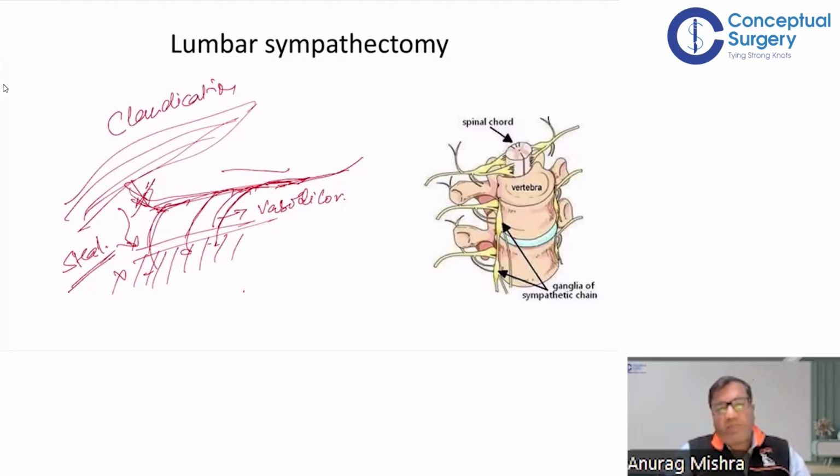So sympathectomy is done only when you have to improve the vascularity of skin, when it is done in impending gangrenes, ulcers, or a wound which is not healing. If you have done an amputation and you want the stump to heal, then to protect that, you can do it.